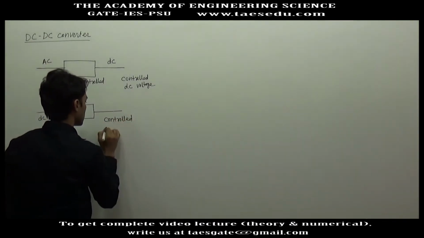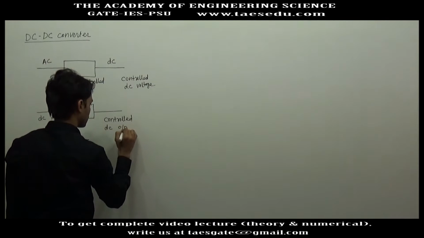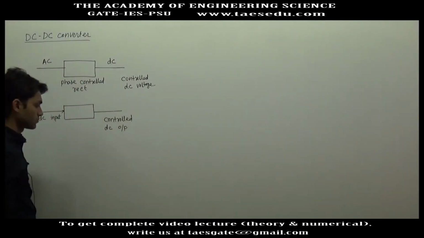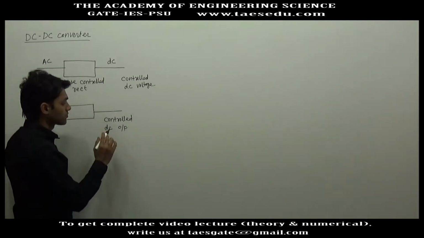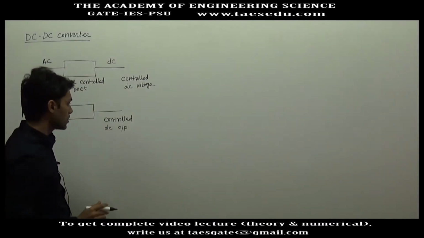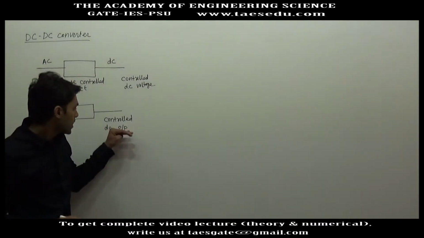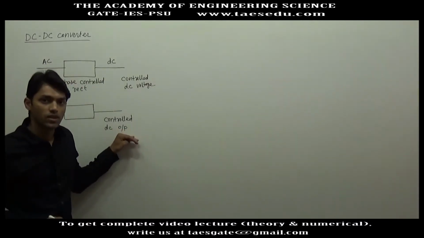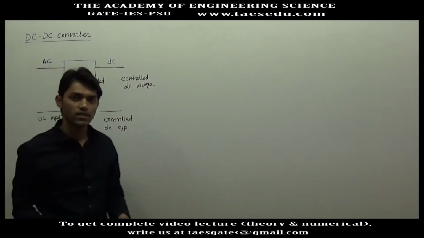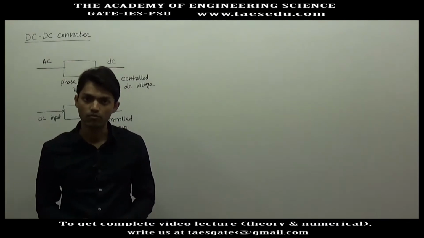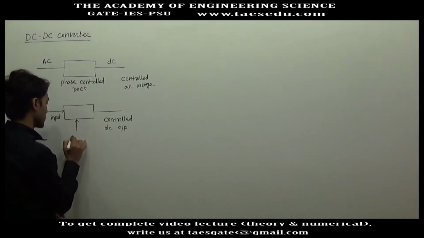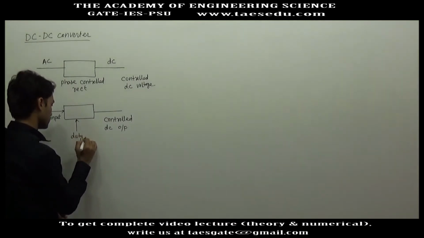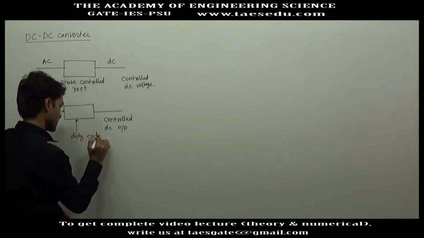Controlled DC output means you may have a DC output of some voltage, and later if you want to change the voltage of output, you may change it by controlling duty cycle. I will define duty cycle a little later.